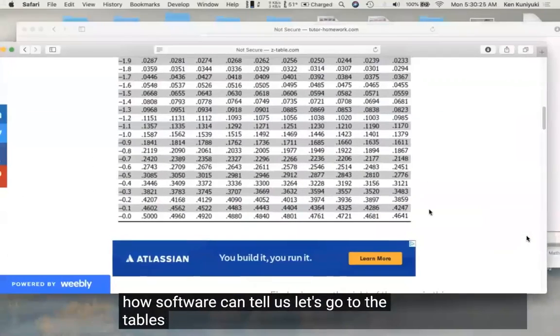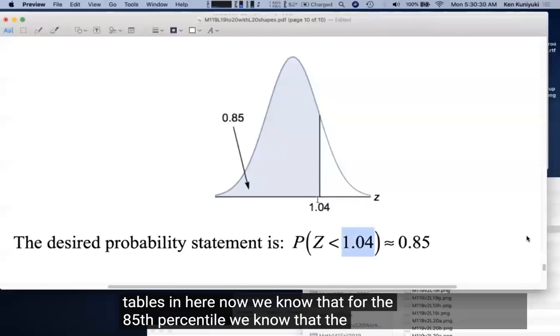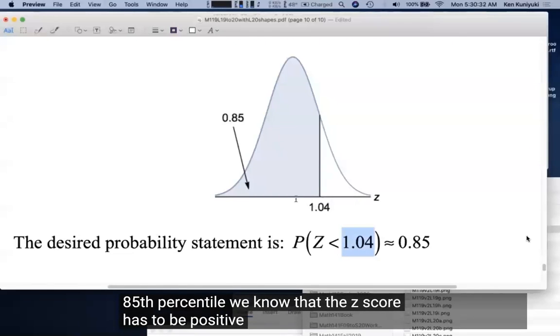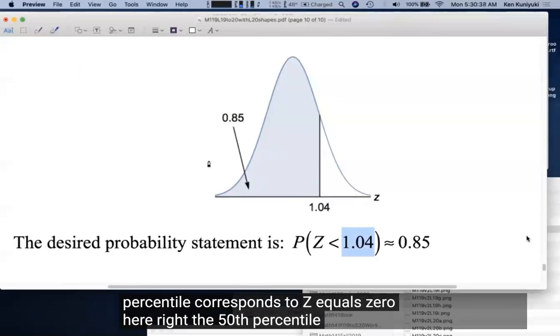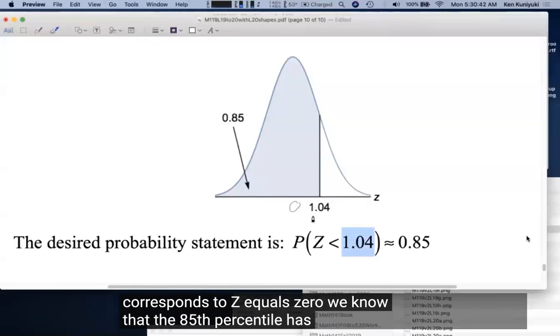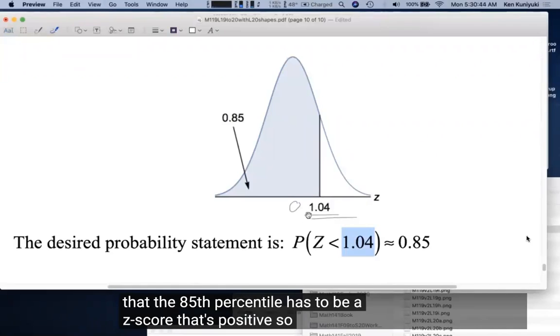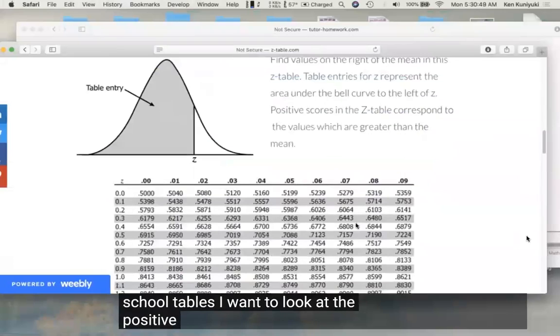Let's go to the tables in here. Now, we know that for the 85th percentile, the z-score has to be positive, because the 50th percentile corresponds to z equals 0 here, right? The 50th percentile corresponds to z equals 0. We know that the 85th percentile has to be a positive z-score. So in the old school tables, I want to look at the positive z-scores.